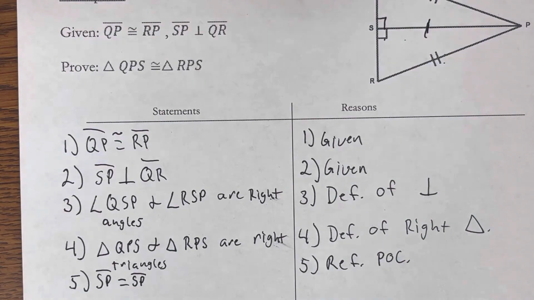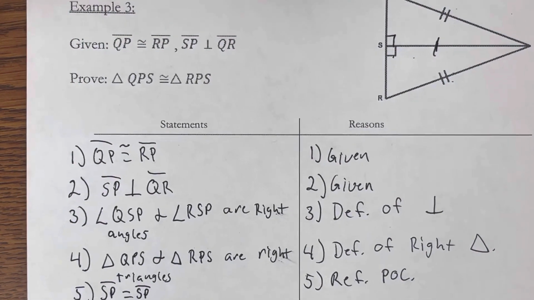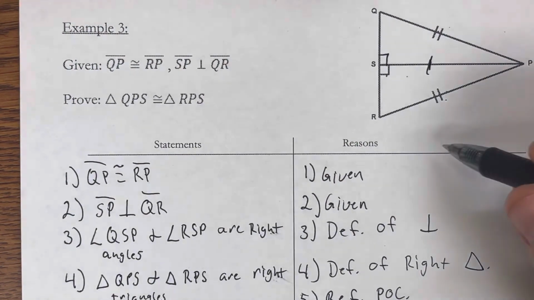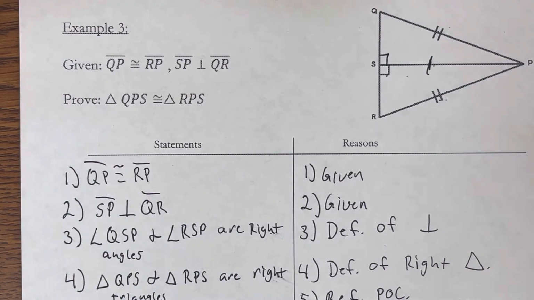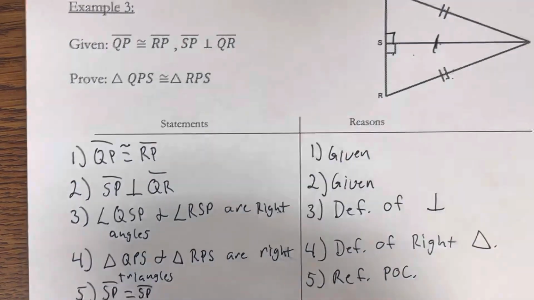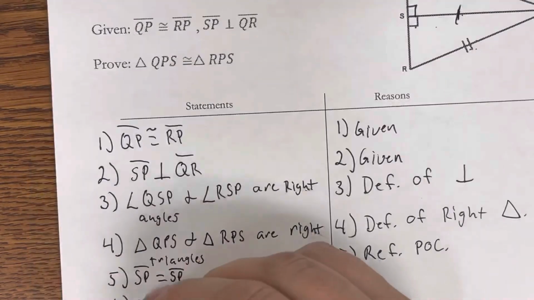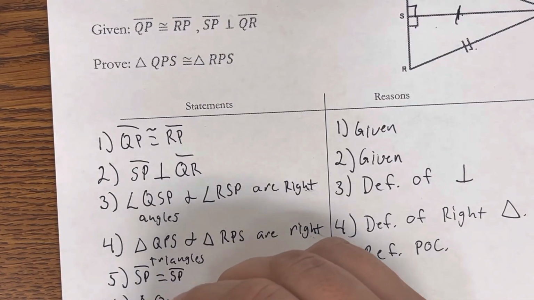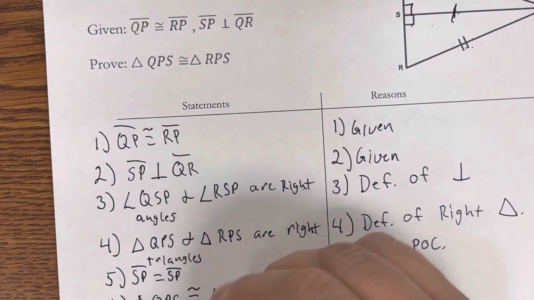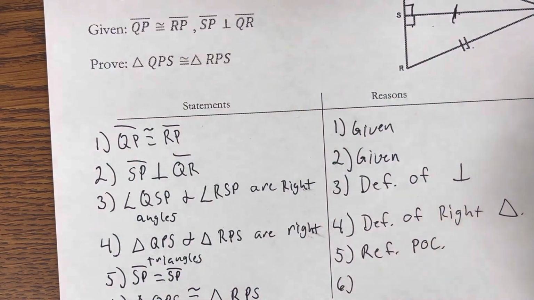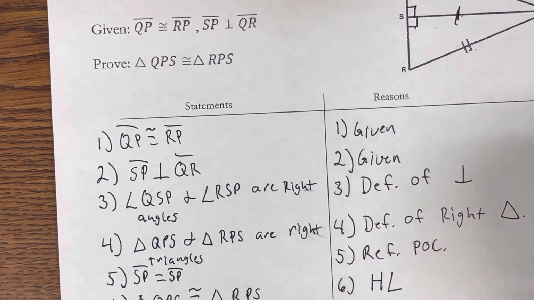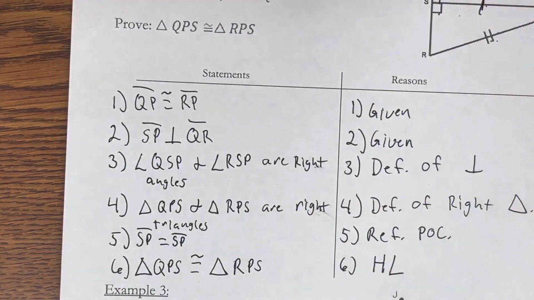And finally, then we get to state that they are congruent triangles by hypotenuse leg. And I also like to include the word right hypotenuse leg because we had to show they were right triangles. So step 6. Triangle QPS is congruent to triangle RPS, and the reason is hypotenuse leg. Okay, so finished up that one.